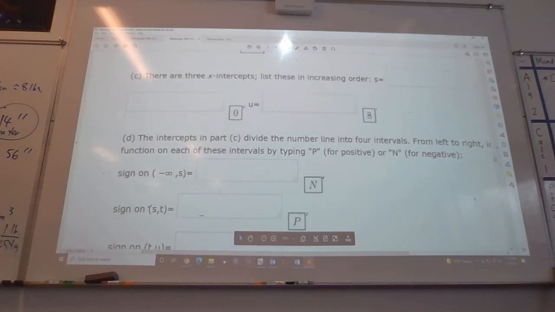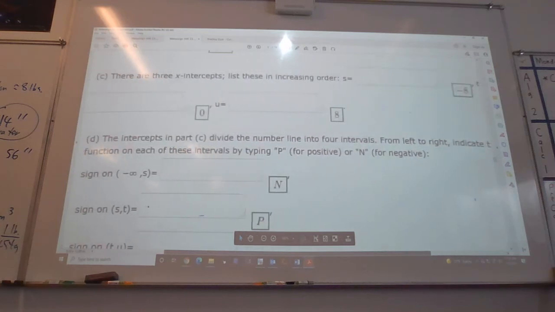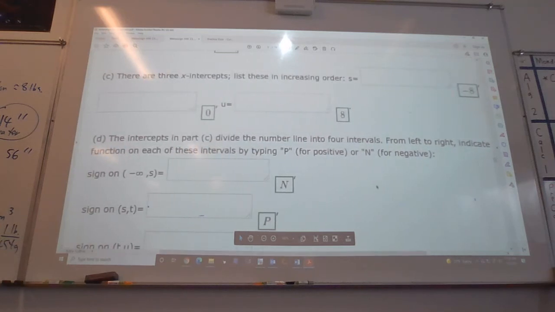And then that divides the line into 4 intervals. Now they want you to indicate the sign of the function on either side of these by putting positive or negative. This just helps you with graphing, right? Is the function above the x-axis or below the x-axis between those 4 places? Because we know it crosses the x-axis in 3 places.